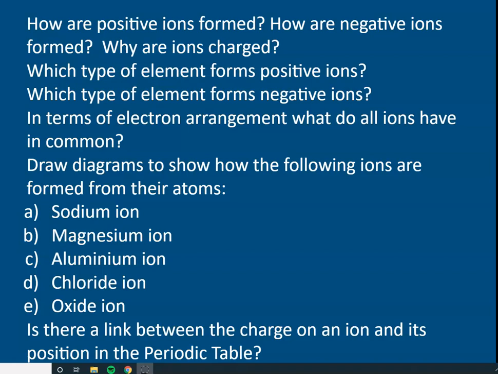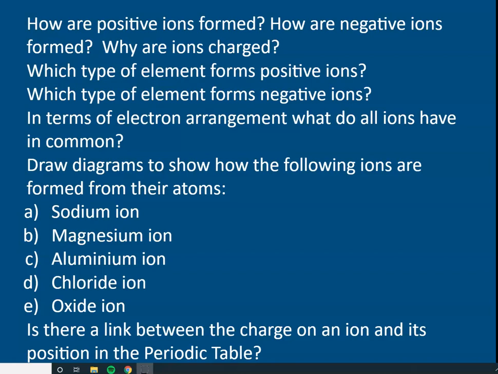Now group 4 is a little bit odd in that it tends to form covalent compounds, sharing of electrons, which we'll talk about quite a bit later, rather than actually forming ions.